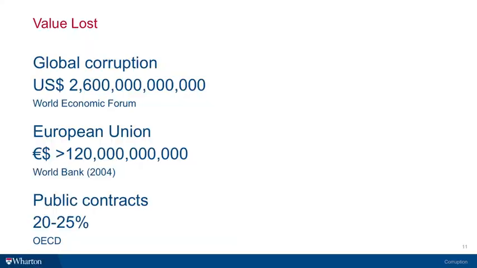With respect to the value lost, again, very difficult to measure. A very common measurement, a number that gets thrown around a lot, is that global corruption costs around $2.6 trillion US dollars every year, around 5% of the global economy. Now, I want to caveat this particular number with a bit of caution.